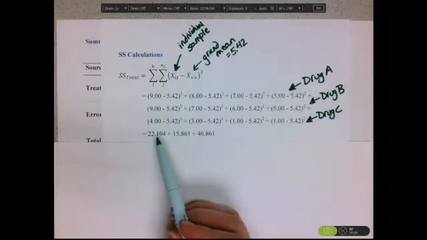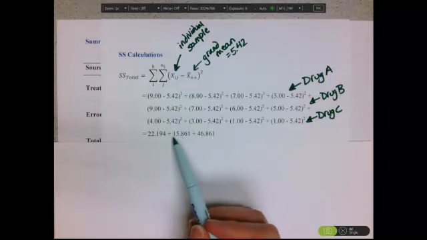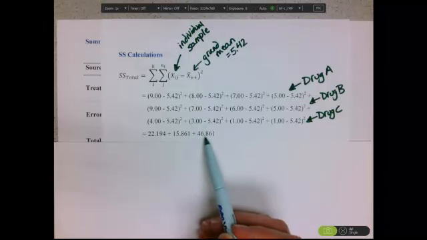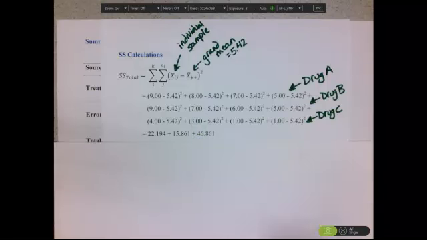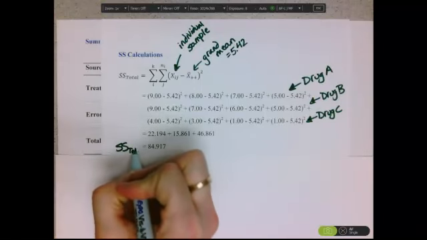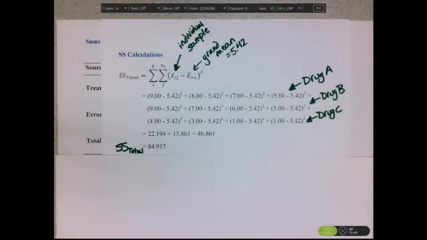Now this 22.194 is based on drug A, the 15.861 is from drug B, and 46.861 is for drug C. And then we just add those together and we get our sum of squares total.